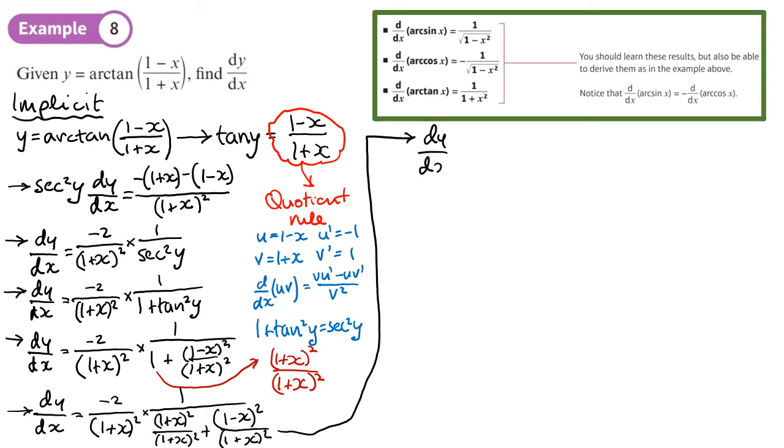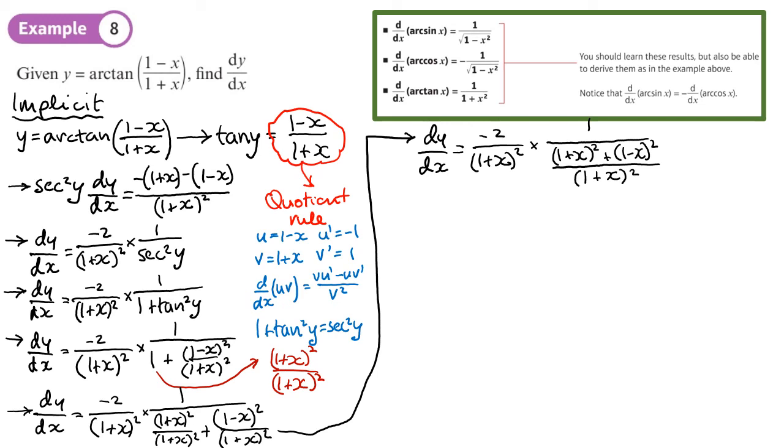So dy/dx is negative 2 over (1 plus x) all squared times 1 over, and I'll end up with (1 plus x) all squared plus (1 minus x) all squared all over (1 plus x) all squared, common denominator.